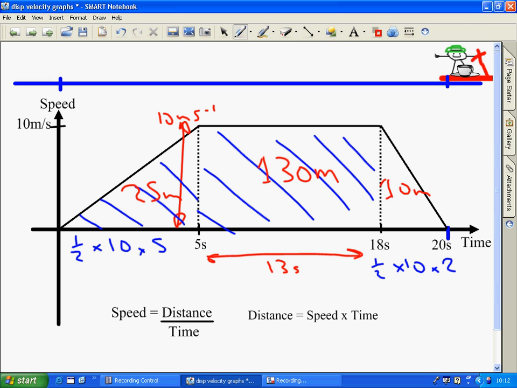So the total distance that young Cedric has travelled is 165 meters. So that's very useful. Key point there, that the area under a speed time graph gives us distance, and that's what we can see from this little equation here.